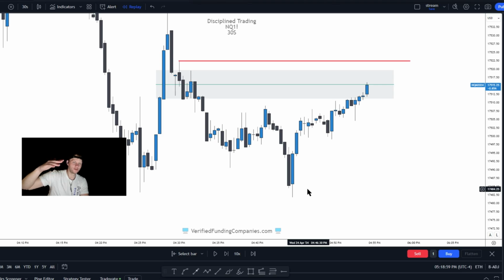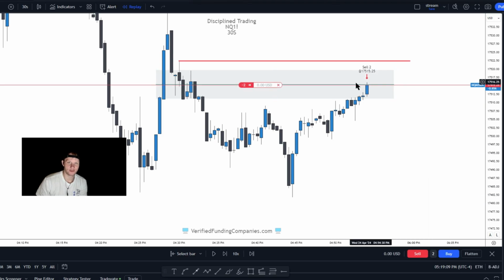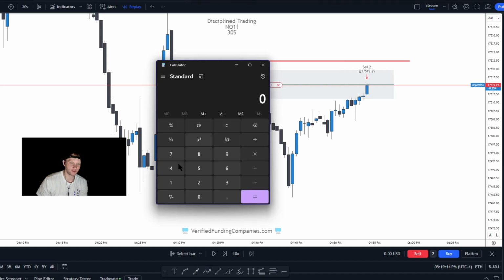And then 4 would be 80. So let's say I wanted to enter this with 2 contracts here. I sell 2. Now I'm in the market right there. My stop's going to go up here. So it's 7 points, and we have $20 per point, right? It's 7 points away, so 7 times 20 equals 140.